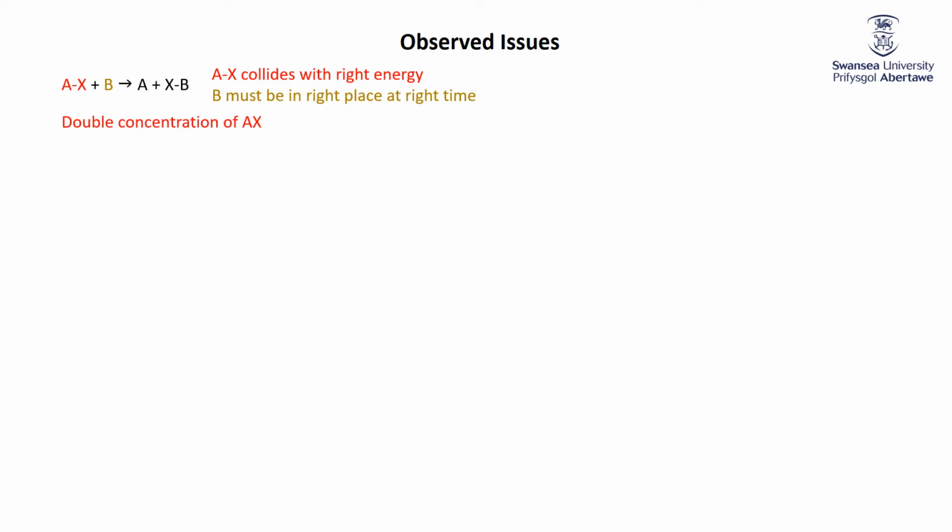Now, let's think about what that means associated with what we have been thinking about up till now. What would happen if we doubled the concentration of AX? Well, that would mean that we'll double the number of appropriate collisions.